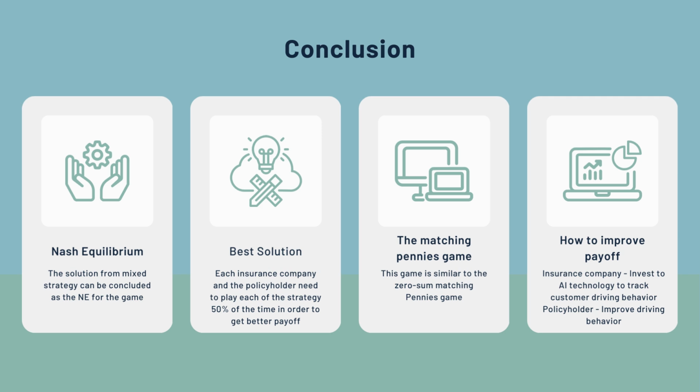The journal written by one researcher on matching pennies also concludes that the solution of this insurance premium dilemma is optimal when each player randomizes their choice equally rather than reacting to the opponent's choice.